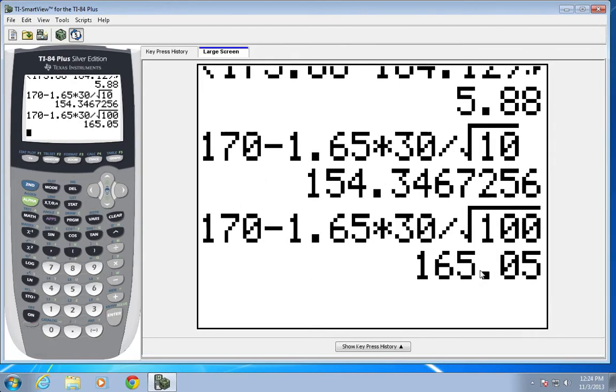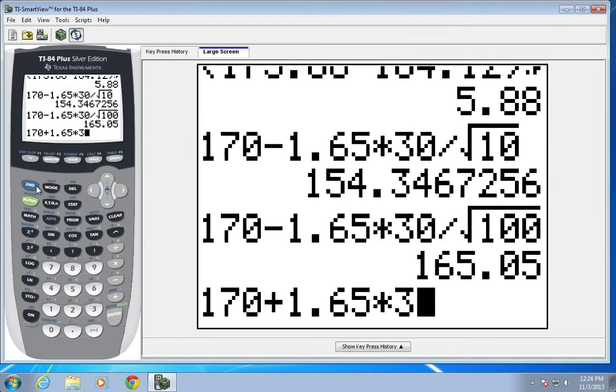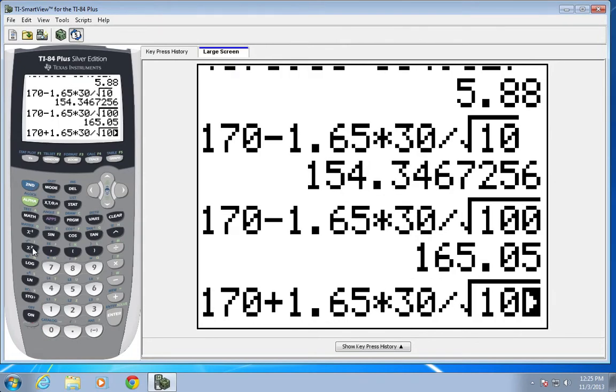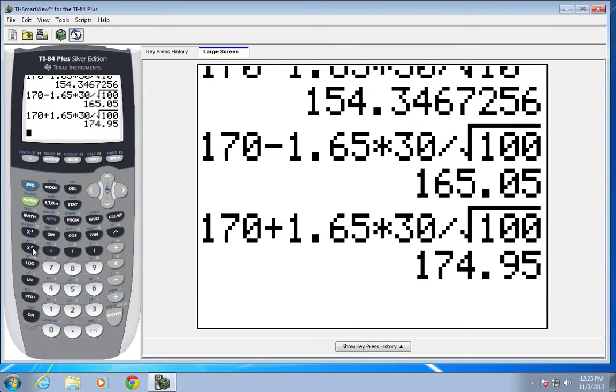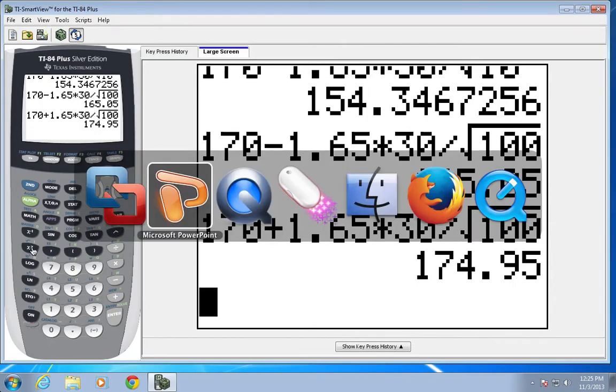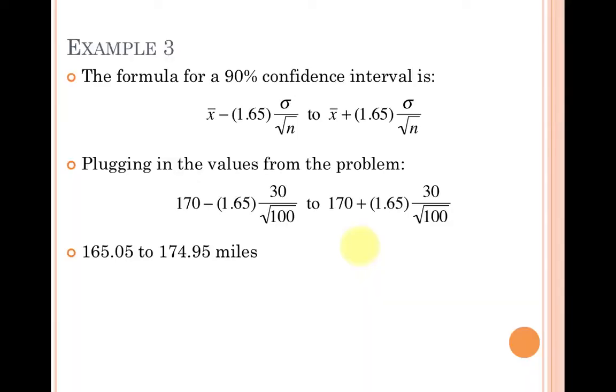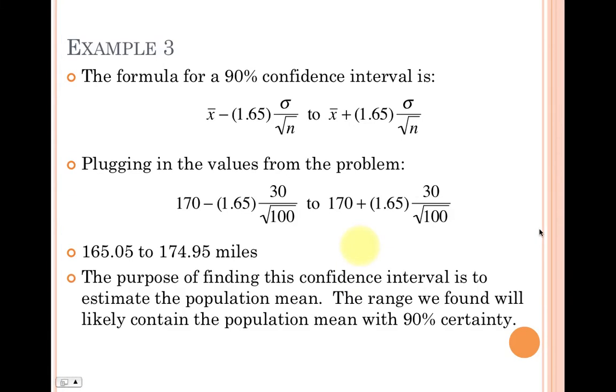So 165.05, and then if we do the upper limit, it is 170 plus 1.65 times 30 divided by the square root of 100, and that is 174.95. So 165.05 to 174.95 miles. We're talking about miles.